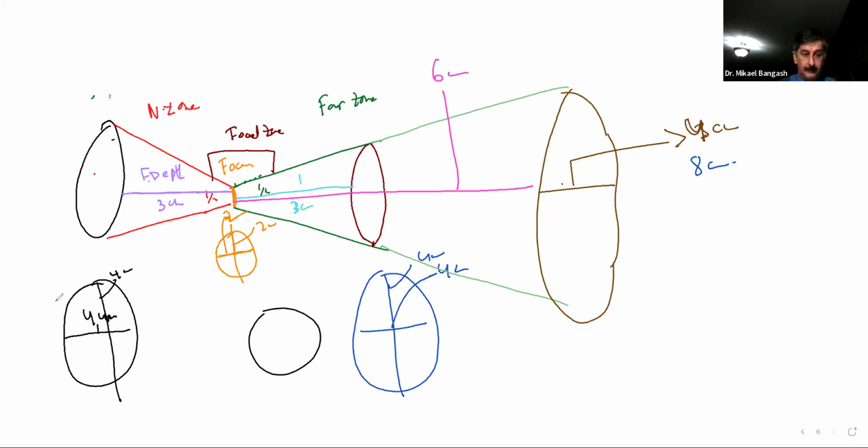But if the distance from your focal point into the far zone is equal to your focal depth or focal length, then at that point in the far zone, the beam's diameter will be the same as what it was at the transducer, or the same diameter as the size of the PCT.